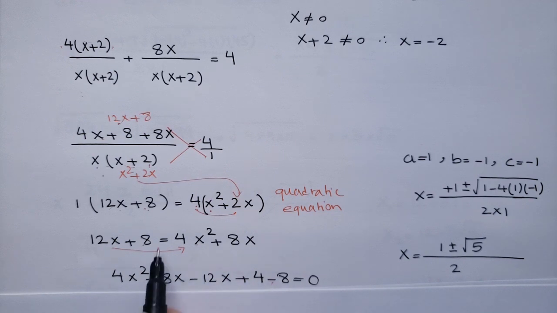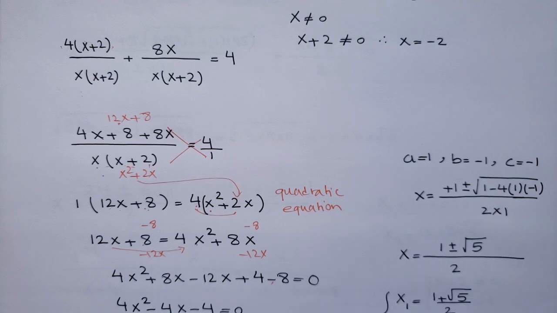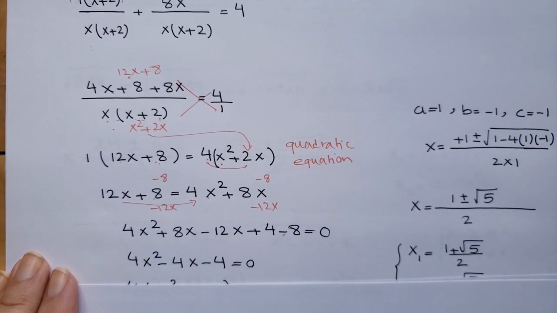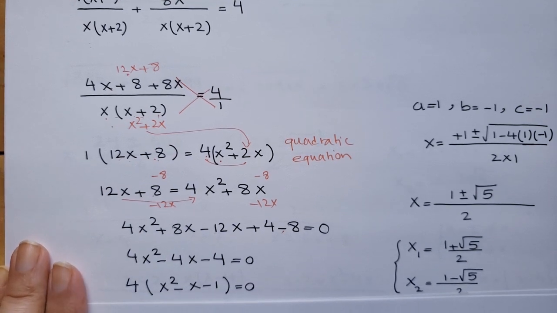The sign will flip when it's moving to the other side. Or some of you feel comfortable if you add negative 8 to both sides or negative 12x to both sides. Well, the answer is the same. So after simplification, you will have 4x squared minus 4x minus 4. But if you look closely, all of them have got the same coefficient. So what I'll do, I just factorize a 4. So it turns into 4 times x squared minus x minus 1 equal to 0.